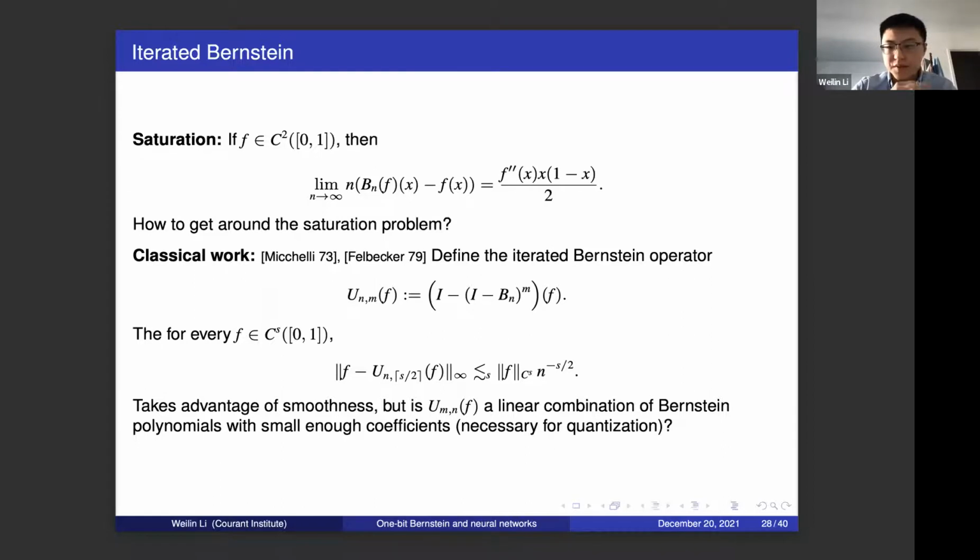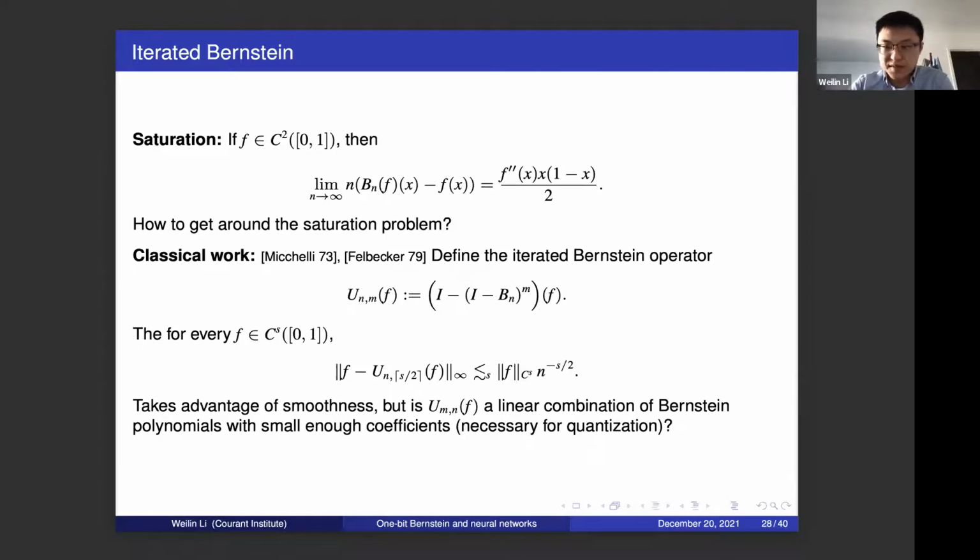So they looked at these iterative Bernstein operators, U subscript n,m. And they were able to show that for every S times differentiable function, the error between f and a carefully chosen power of this iterated Bernstein of f does in fact take advantage of smoothness. The decay is on the order of n to the minus S over 2. This is already a very wonderful result, but this is for 1D.